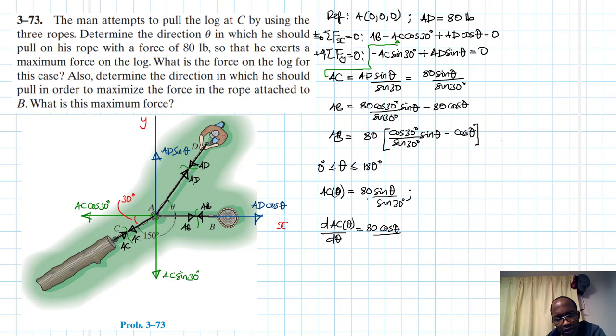When we want to find the minimum or the maximum, we equate the derivative to 0. So we are looking at the interval theta between 0 and 180. When is cos theta equal to 0? We can solve this.